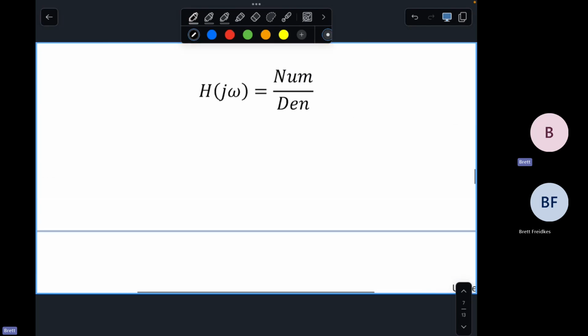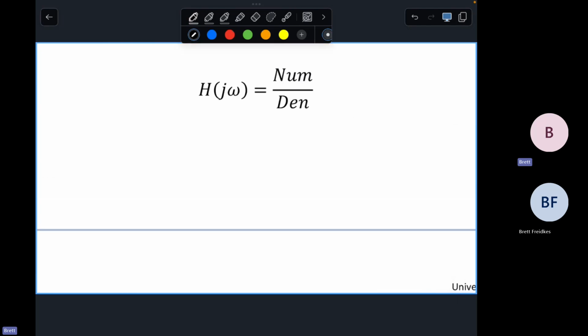So as an example, I'm trying to remember the homework problem. We can just literally do it. I don't remember the numbers though. I think it's 1 minus j3 over 2 plus 4j. What is that? 2 plus j4 over 1 minus j.